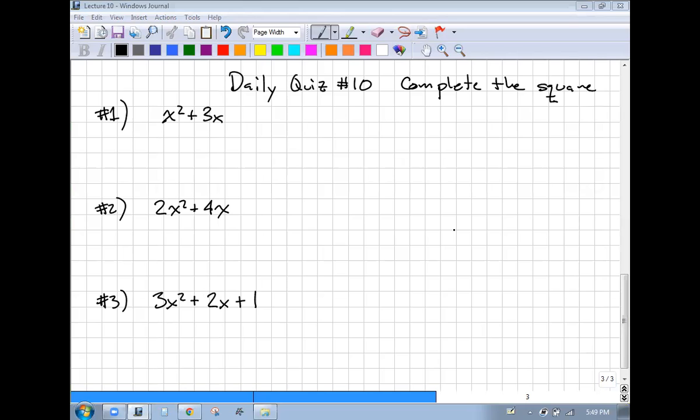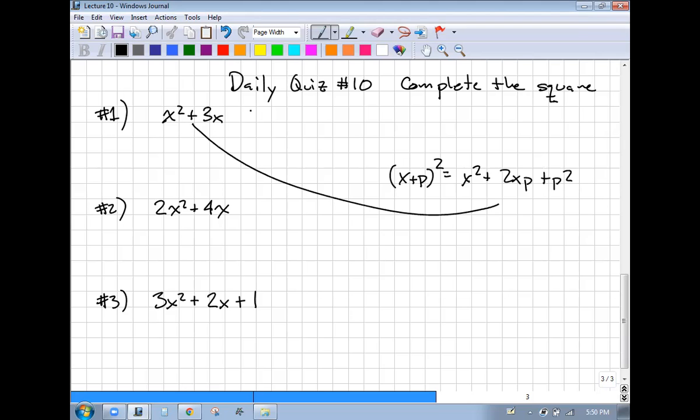All right, so completing the square, this one should be easy, right? Number 1. So remember that I wrote x plus p squared is x squared plus 2xp plus p squared. So we need to make this look like this. We'll rewrite the 3x as what? 2x times 3 halves, right? So, and I forgot my plus sign.